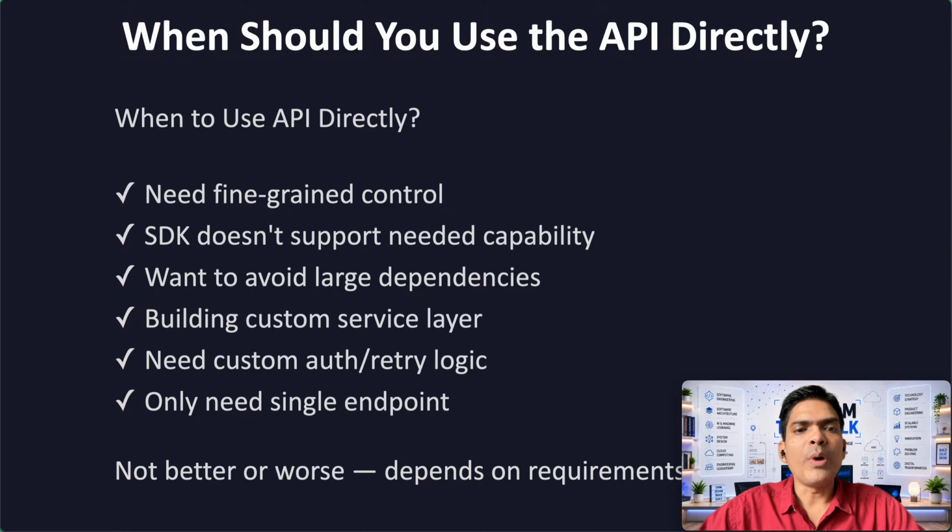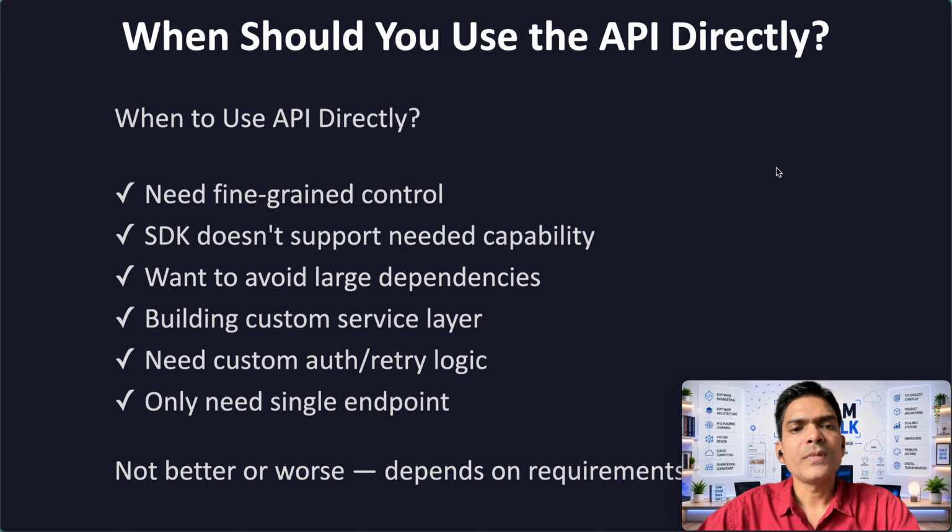So when would we choose the API directly? One situation is when we need very fine-grained control over the requests and responses. Another situation is when the SDK does not support that particular capability we need.